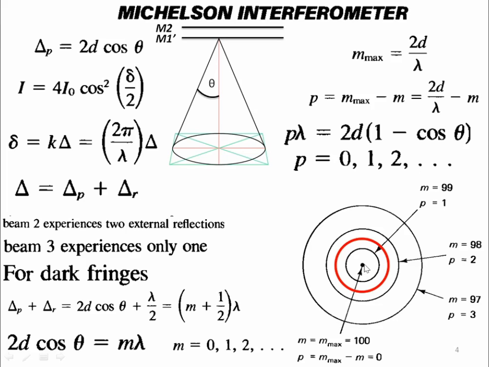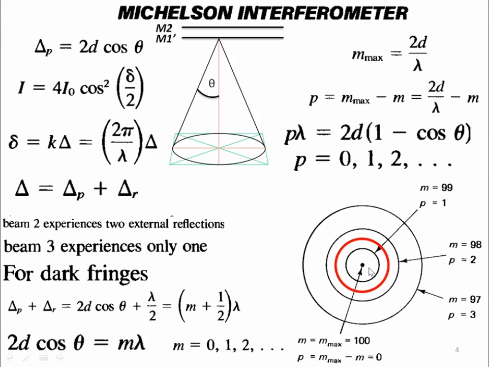So in between, m can take non-integral values. Now you will say, here you are saying m is an integer, but that is the case when we are having the dark fringe. We are referring to the dark fringe. But when we move from a dark fringe to a bright fringe, this order actually changes as a real number. Fine. I hope you are getting this.